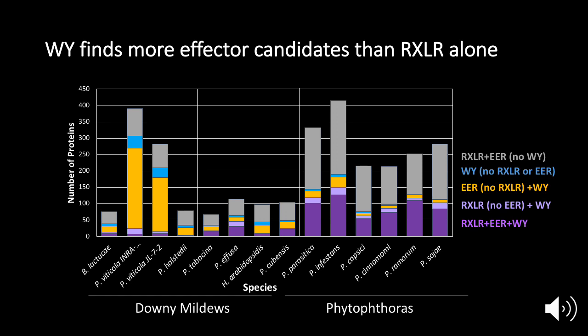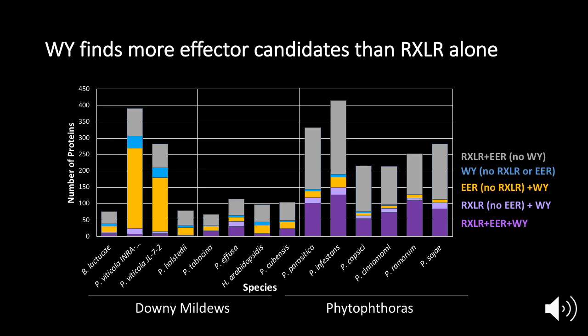That's in blue here. And then for comparison, I have RXLR EER with no WY, which you can see makes up a significant amount of proteins in Phytophthora and less so in the downy mildews. So basically, the proteins in yellow and blue here are proteins that would have been missed if you only searched for the RXLR motif in your genome.